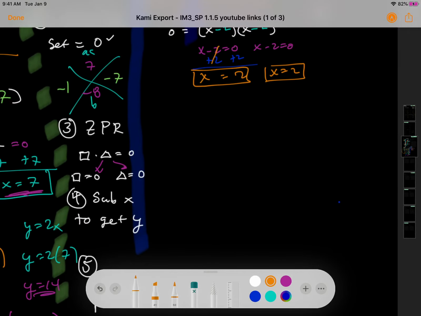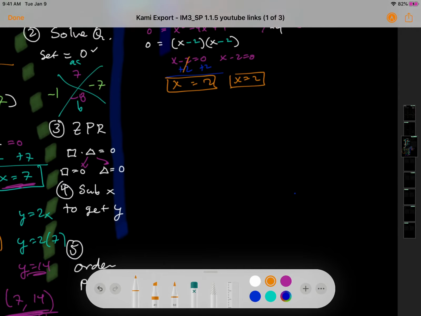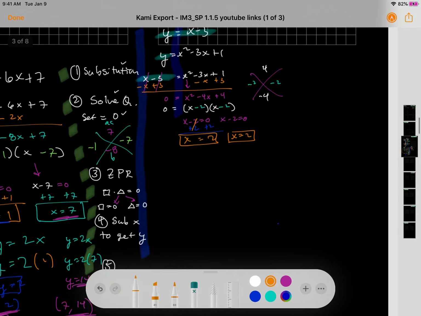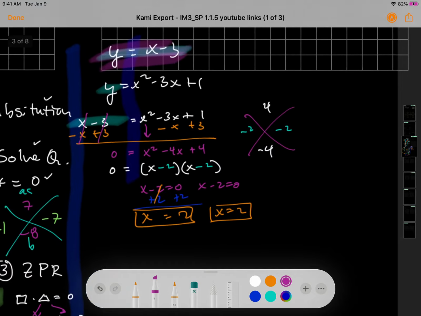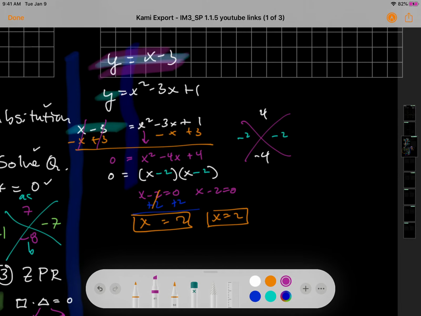Now, the next step is to substitute x to get a y. So let's go ahead and substitute x into an equation for y. What am I going to use? Let's use our highlighter over here, and I already have up here y equals x minus 3. So I'm going to substitute x equals 2 into this equation right there.